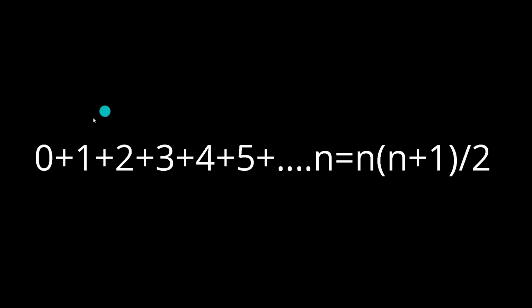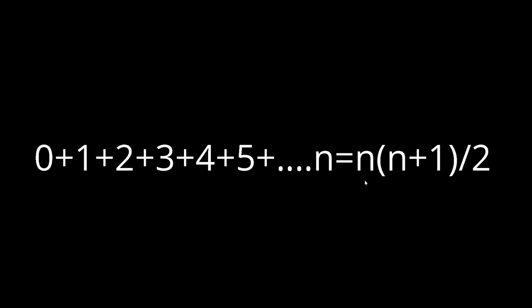So the total number of times it gets executed is 0 plus 1 plus 2 plus 3 plus 4 plus 5, and so on till n. And you know the formula of this, which is n into n plus 1 by 2. If you have to add the numbers from 1 to 50, you need not do it physically, 1 plus 2 plus 3 and so on.